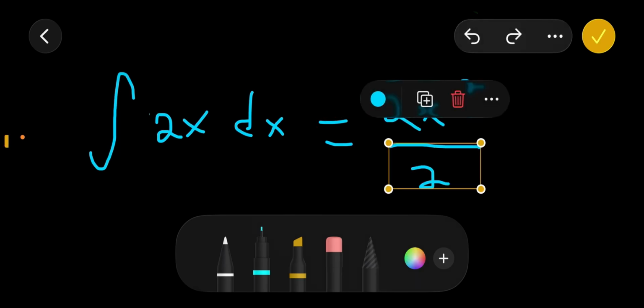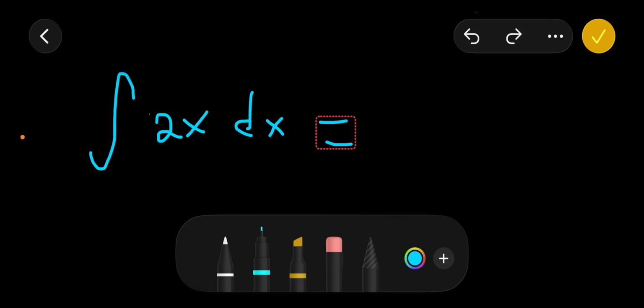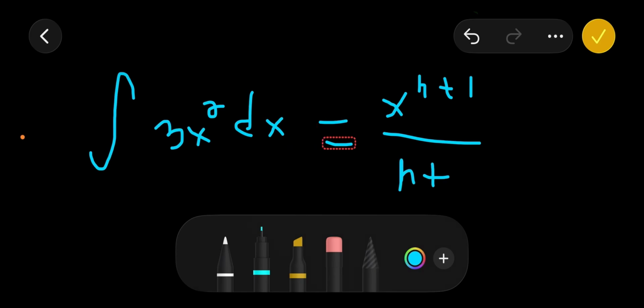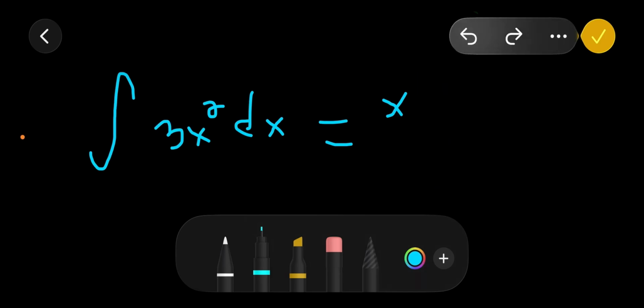Let's do another example with 3x squared, the integral of 3x squared. Remember, the rule is x to the power of n plus 1 divided by n plus 1. So in this context, we have 3x to the power of 2 plus 1, or 3x cubed.